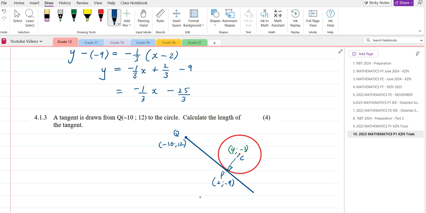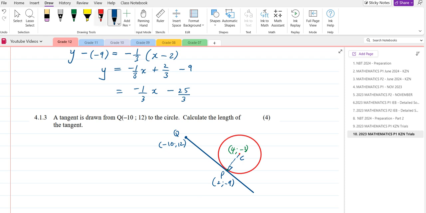Which tangent are they talking about here? They're talking about the length of tangent PQ. But that's so simple because you just need to apply the distance formula there. Or is it another tangent they are talking about?